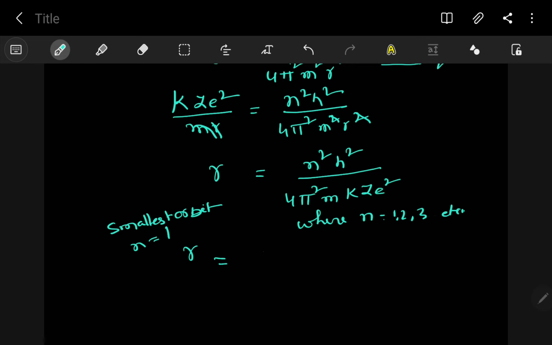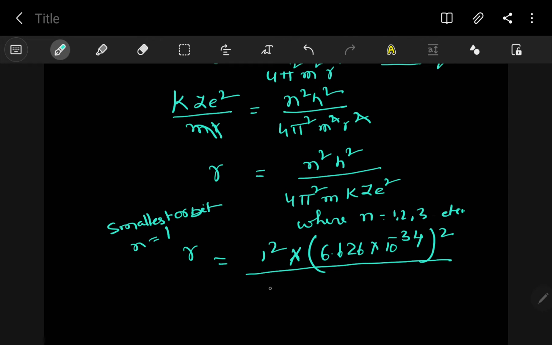So r is equal to 1 square into Planck's constant 6.626 into 10 to the power of minus 34 joule second, whole square, divided by 4 into pi 3.14 whole square, and mass of the electron 9 into 10 to the power of minus 31, into e, 1.6 into 10 to the power of minus 19 whole square, because that is the charge.